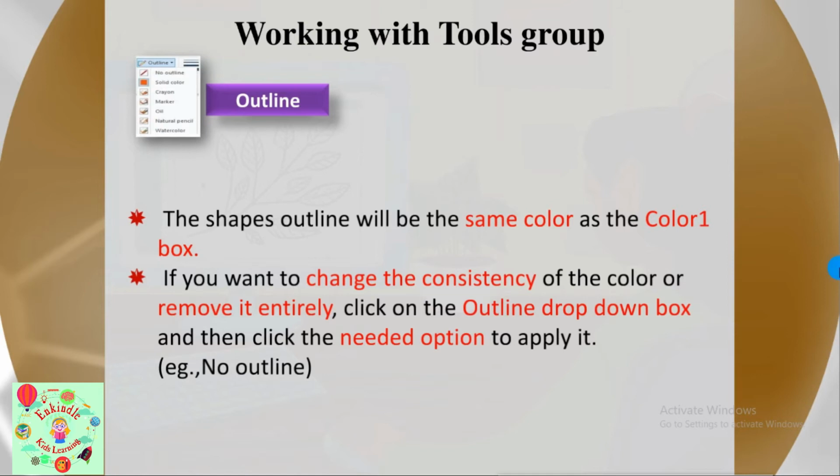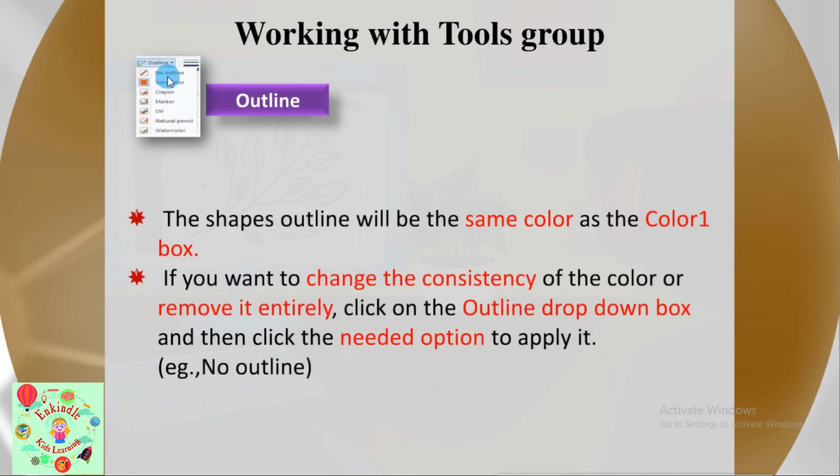The shape's outline will be the same color as the color 1 box. If you want to change the consistency of the color or remove it entirely, click on the outline drop-down box and then click the needed option to apply it.